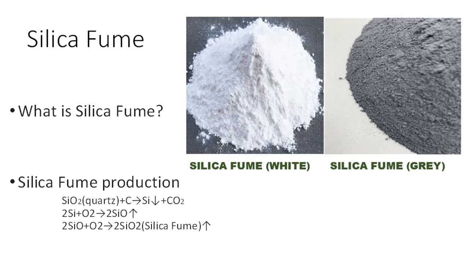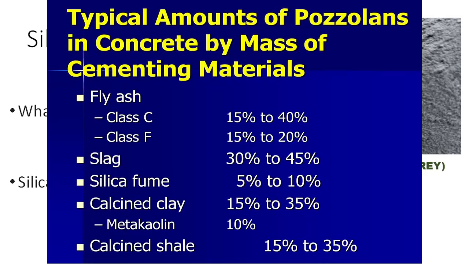Silica fume, often referred to as microsilica, is a fine powder made up of spherical particles ranging in diameter from 0.1 to 1 micron. This material is pozzolanic, meaning it reacts with calcium hydroxide in the presence of water to form calcium silicate hydrate, which is the primary binding agent in concretes.